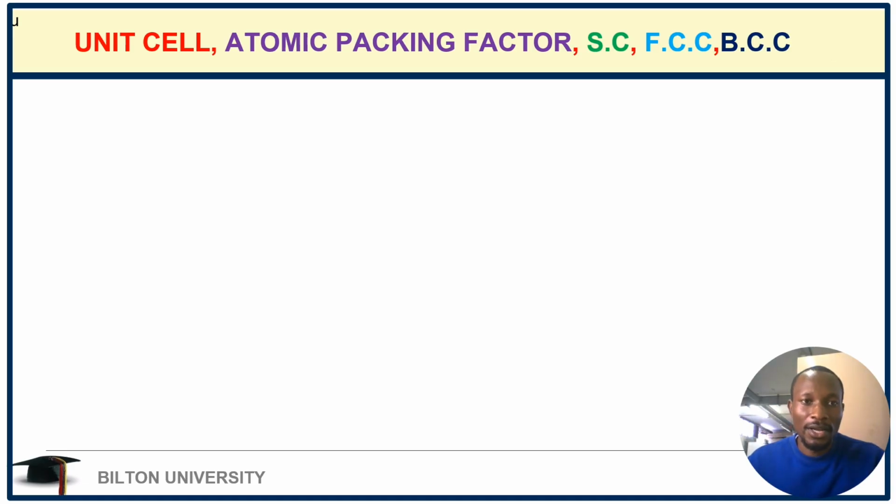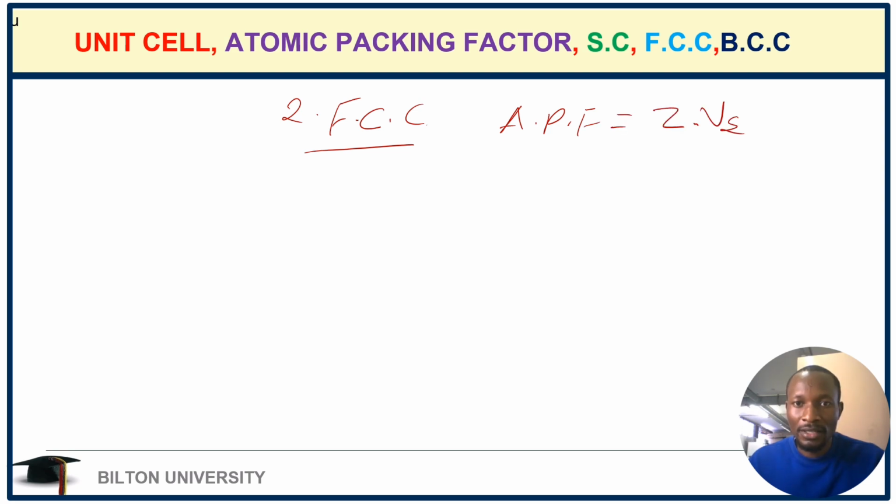So let's look at the second one, the face-centered cube. Now, the same as in the face-centered cube, we're going to look at atomic packing factor, which we have seen is Z times the volume of the atoms divided by the volume of the unit cell.